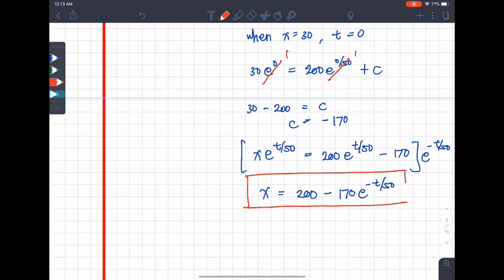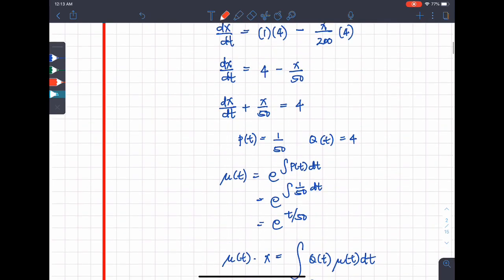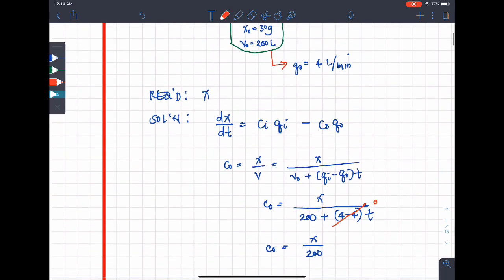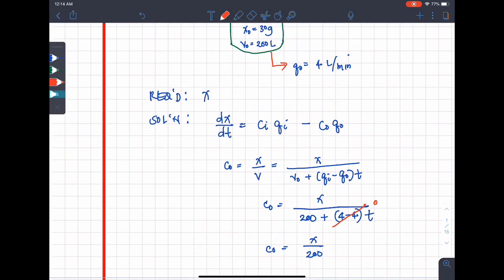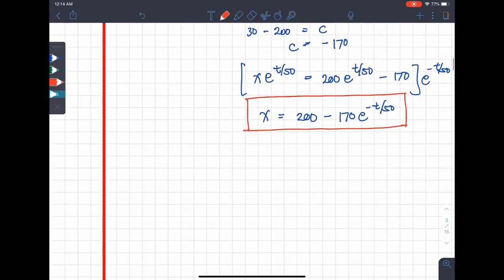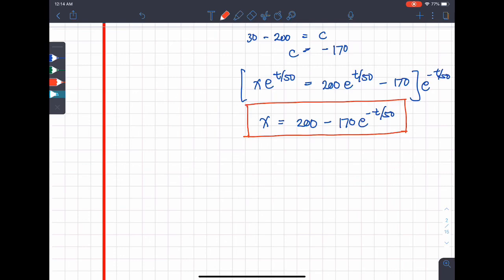So this would be the amount of salt for whatever values of t, and that is what we are finding in this particular problem. So the answer would be x equals 200 minus 170 e raised to negative t all over 50.